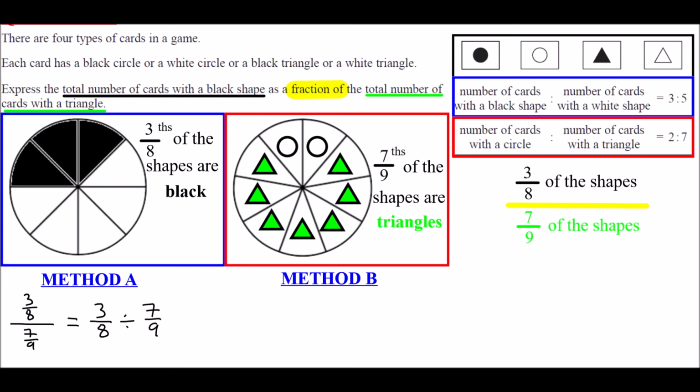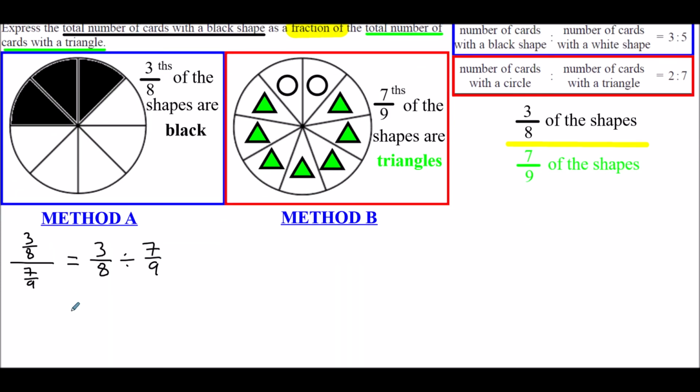So we can do this as a fraction divided by a fraction, as long as you can remember how to do one fraction divided by another. We keep, we change, we flip. We keep the 3/8, the first fraction, as it is, we change the divide to a times, we flip the last fraction on its head, so 7/9 becomes 9/7.